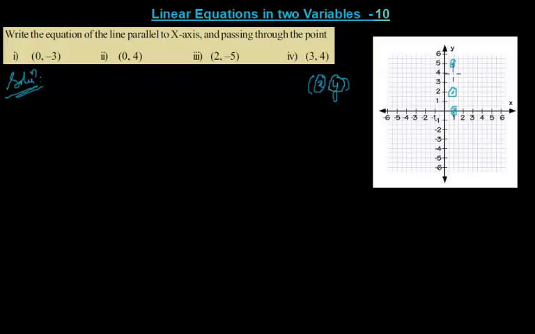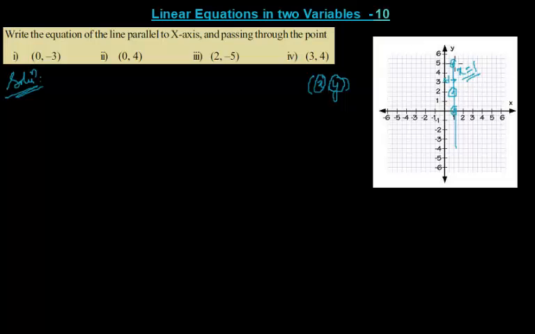If I join all these points, I am getting a straight line which is parallel and at a distance of 1 unit away from y-axis. That means all these points, when they are joined, the equation of line passing through these points is x is equal to 1. I hope you understood this concept.